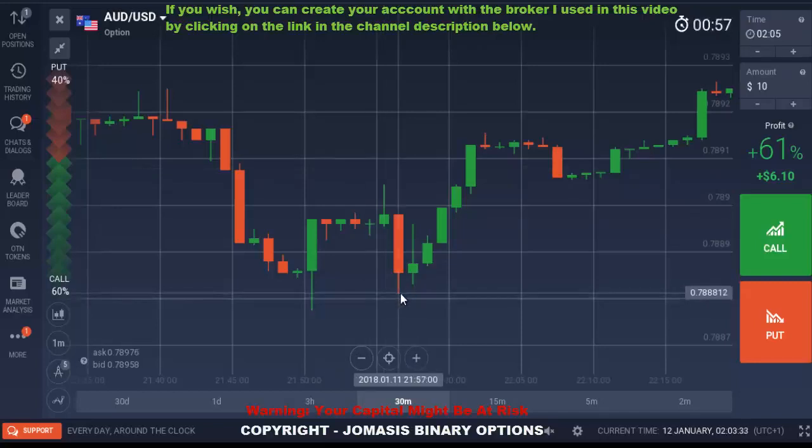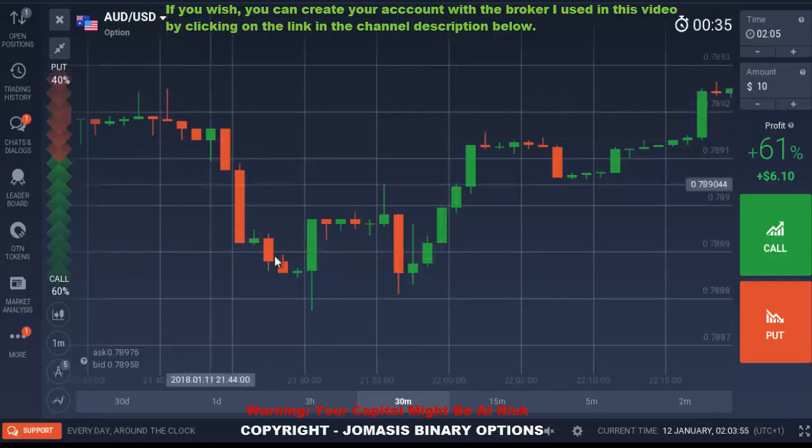Now I want you to know one thing about support and resistance. When some professional traders say support becoming a resistance, or resistance becoming a support, this is what they mean.